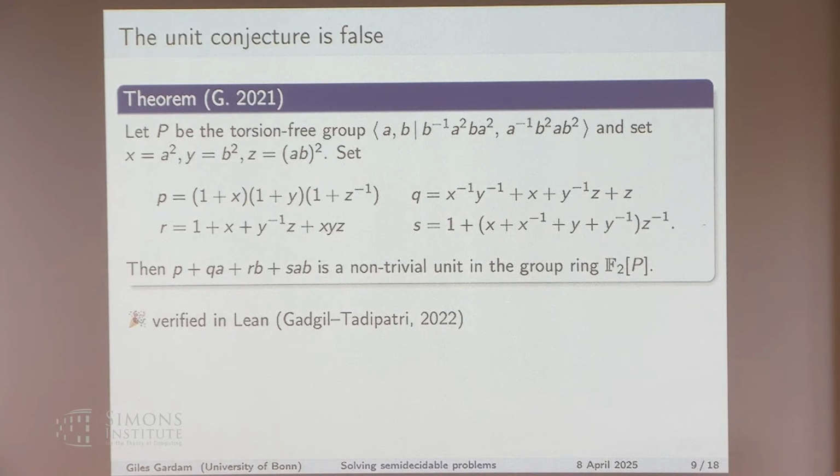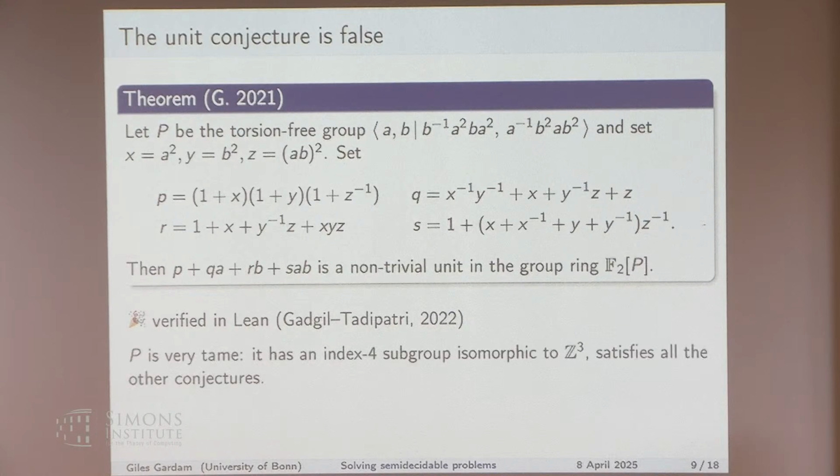Okay, so a few other observations about this theorem. This group P is incredibly tame. I mean, this was, in every sense, the easiest group for which this conjecture could have possibly failed. On the Wikipedia page for this conjecture there's this 3-dimensional crystallographic group for which the conjecture is open. That's this group.